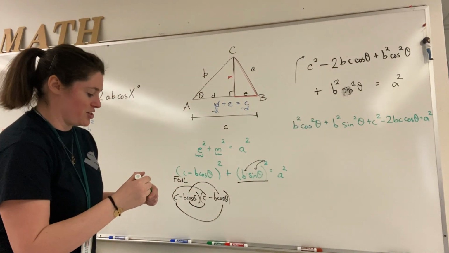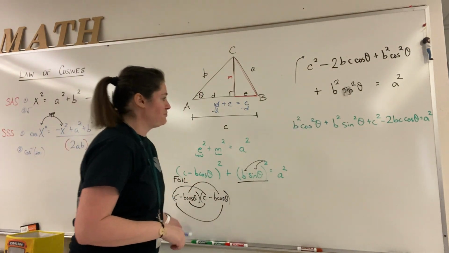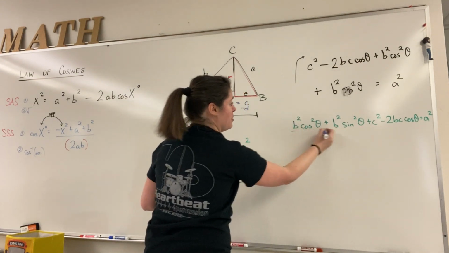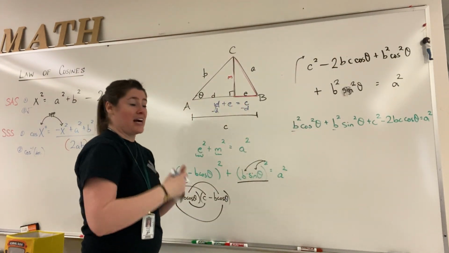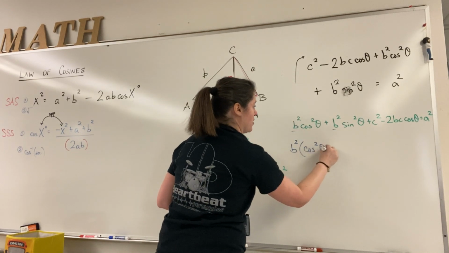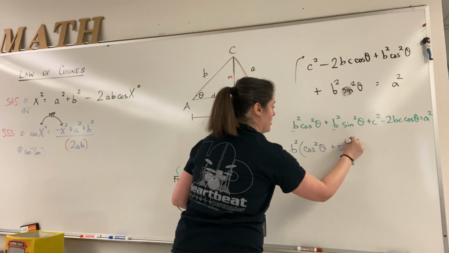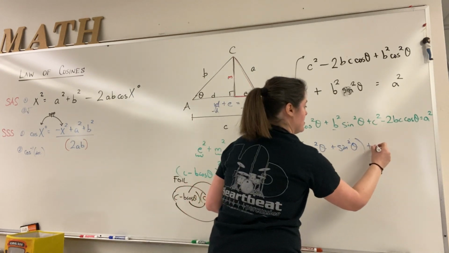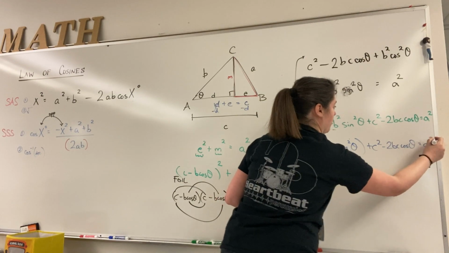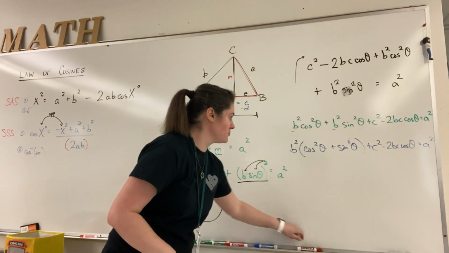It gets a little crunchy there. But these first terms both have this B squared, so I'm going to factor out that greatest common factor. So B squared times cosine squared plus sine squared, plus the C squared minus 2BC cosine theta, that's all equal to a squared.